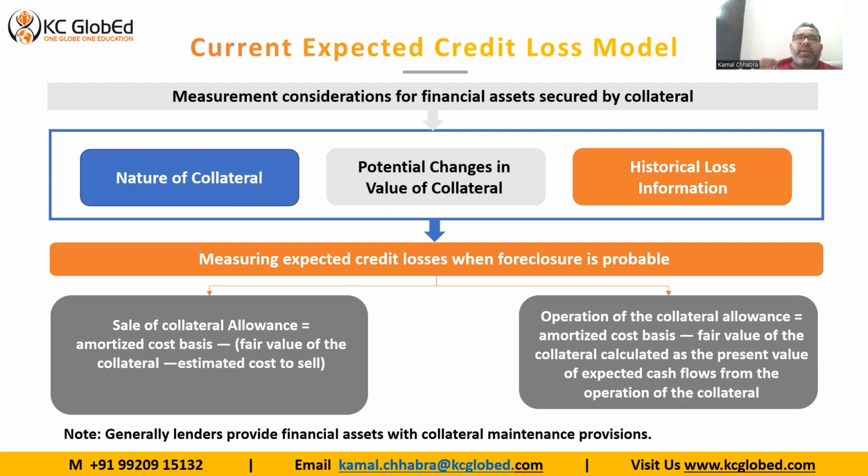So in that scenario, if you are selling that home, then how much money you are recovering, minus the sales cost you are incurring to make the actual sale, minus the value of the loan you have provided. The difference amount is the sale of collateral allowance, right? Very simple.